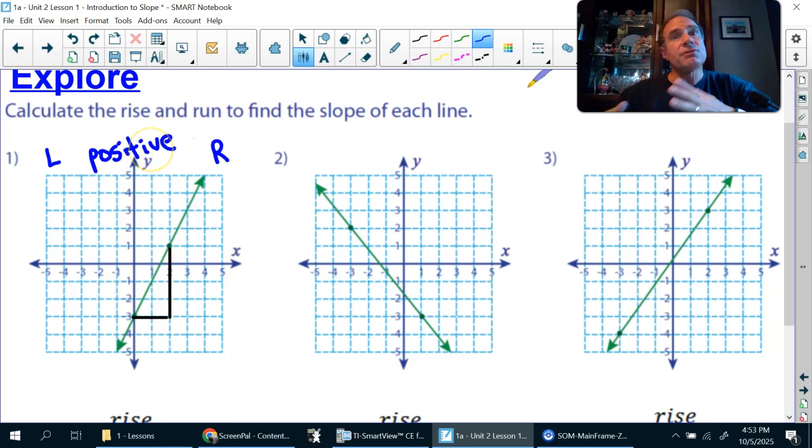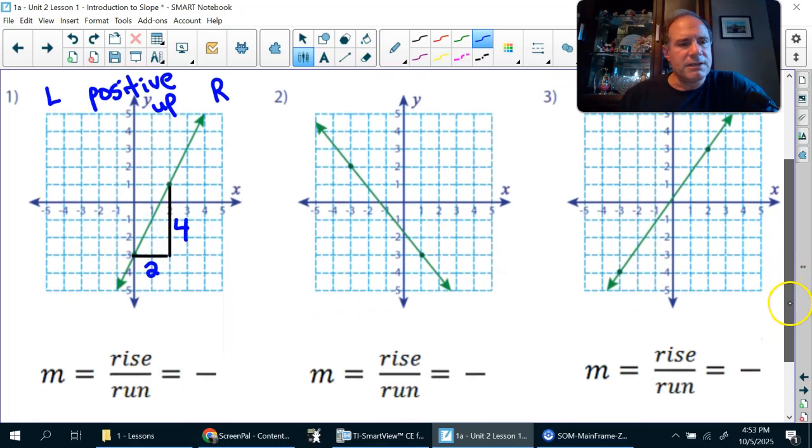It makes sense because it goes up from left to right. So that means 1, 2. That is 2. I'm not drawing those loops now, I don't need them. We just count lines. 1, 2, 3, 4. So the rise is 4.